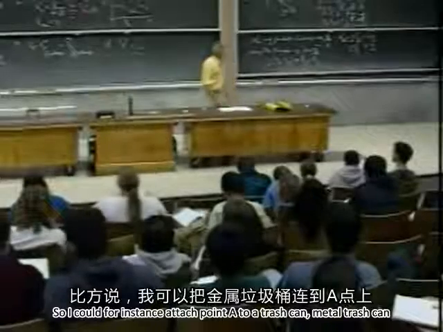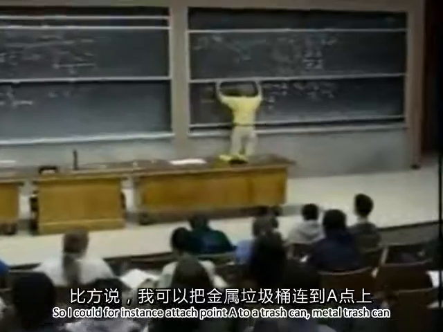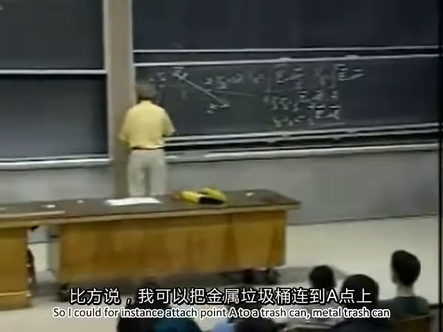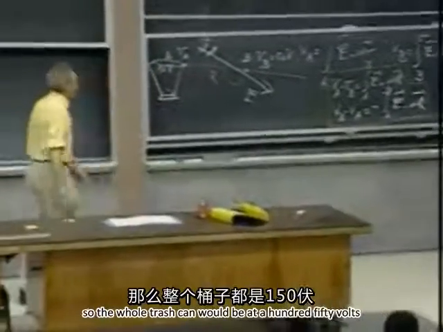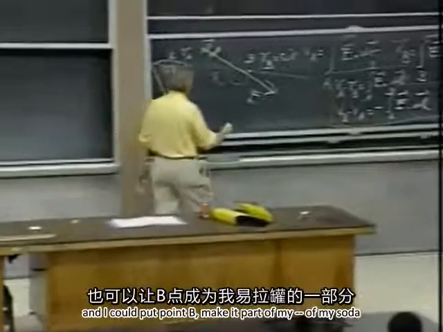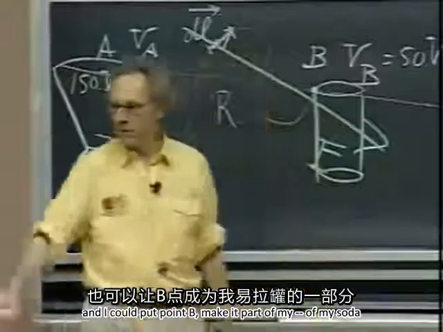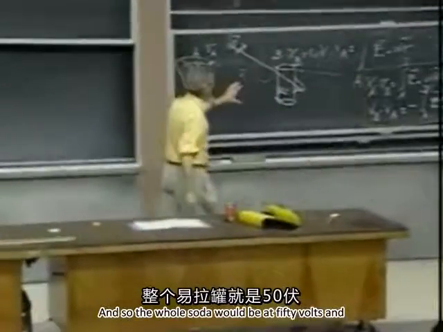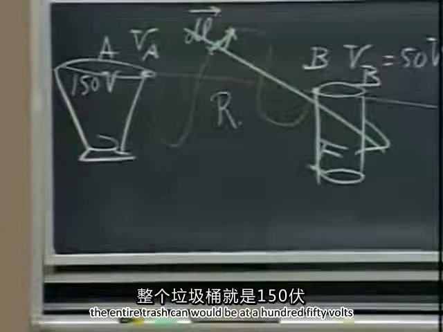So I could, for instance, attach point A to a trash can, a metal trash can. So the whole trash can would be at 150 volts, and I could make point B part of my soda can, which is also made of metal. And so the whole soda can would be at 50 volts, and the entire trash can would be at 150 volts.